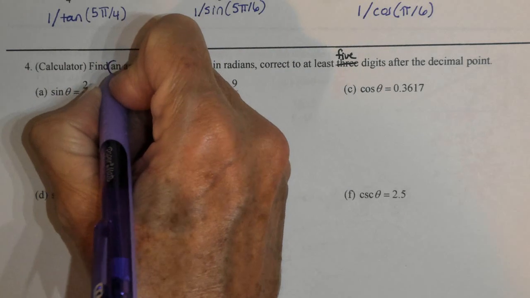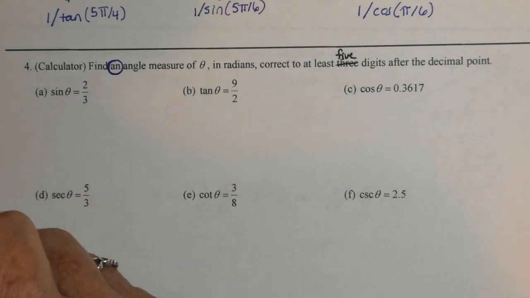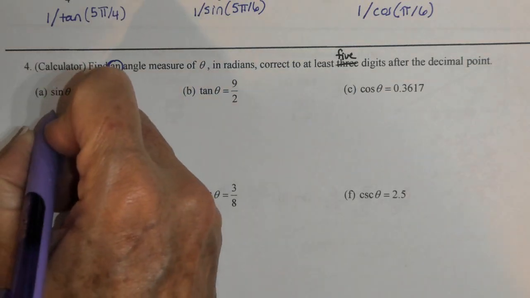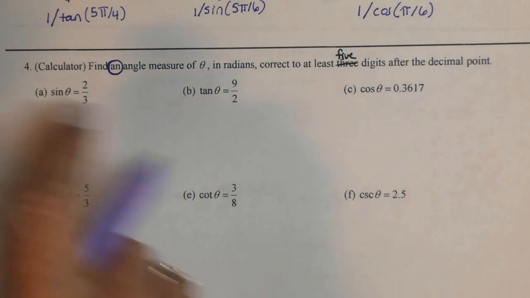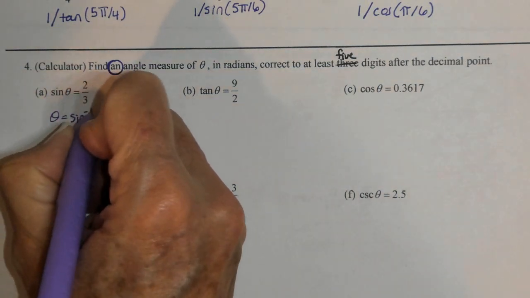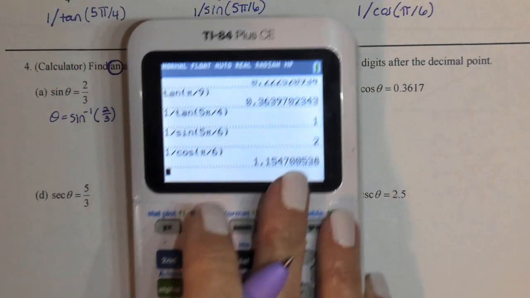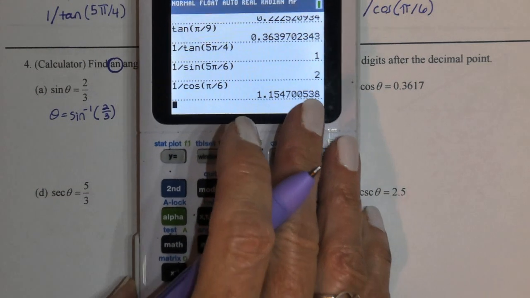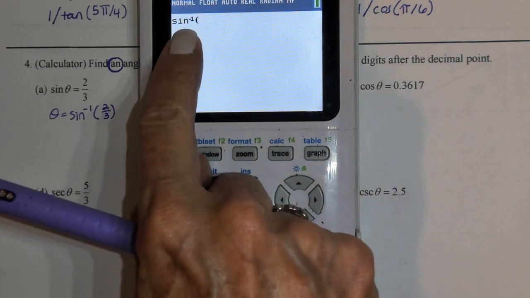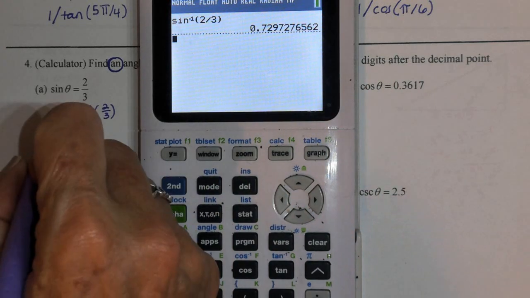I will say that we're only going to get one angle here. Okay, find an angle measure. So just one. So I'm going to say, if we sine inverse both sides, I'm going to get theta is equal to sine inverse of 2/3. So in my calculator, here's where we're going to use our inverse button. Sine inverse of 2/3. This will give me one angle.